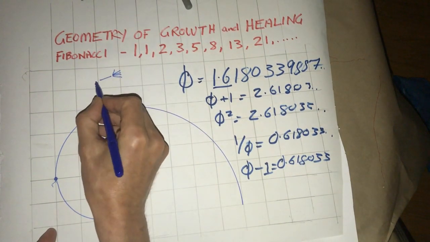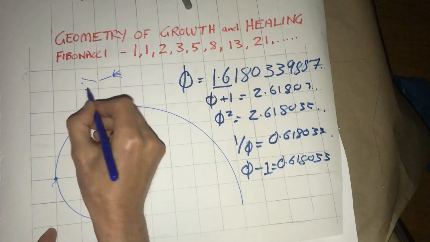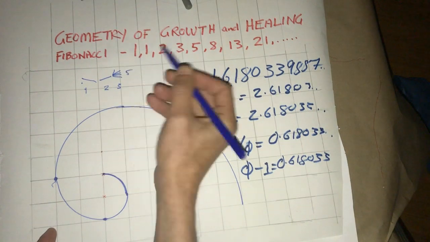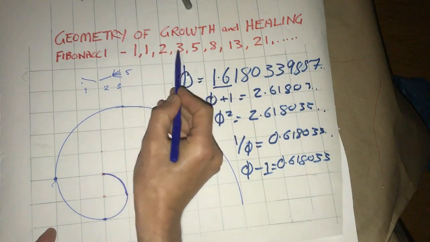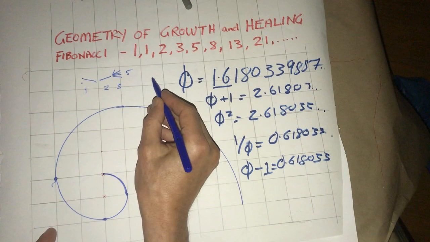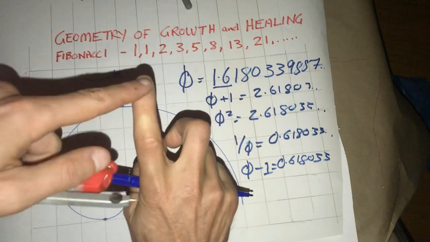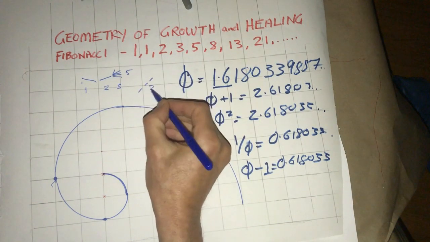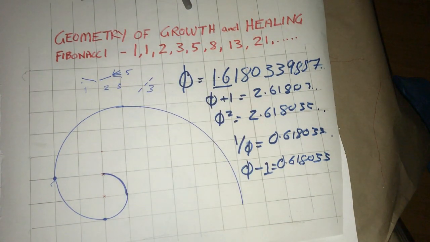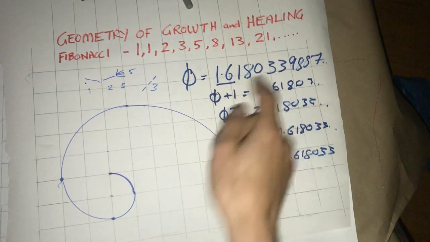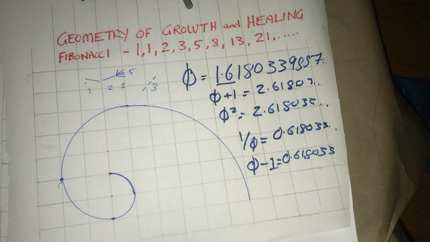But then you have 1, 2, 3, and then we have 5. 1, 1, 2, 3, 5. But even with your fingers, each finger is made up of 1, 2, 3. So even when you break down the finger, you get 3. That's just one expression of the Fibonacci, or really the golden ratio, in the human form.